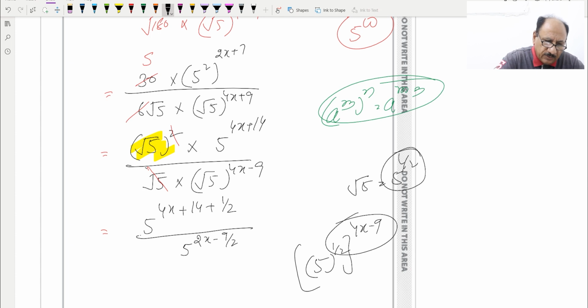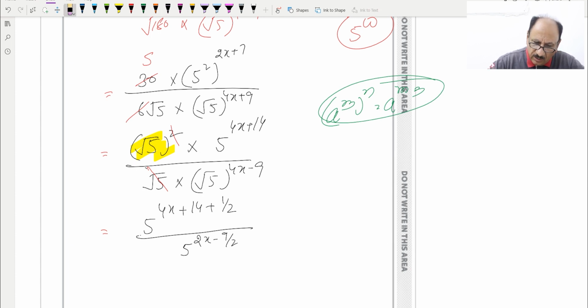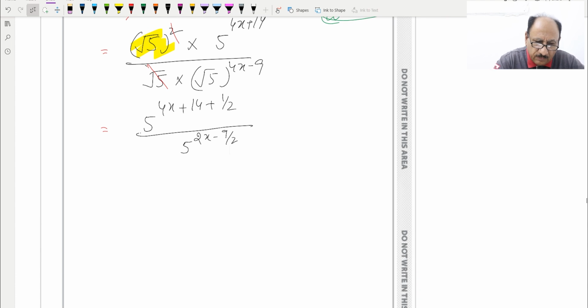And next step is, I'm just removing this extra explanation, and now I will be just simplifying this. So this will be 5 raised to power 4x plus 14 and plus 1 by 2, and minus this will be 2x and plus 9 by 2, and we'll be shifting it up.